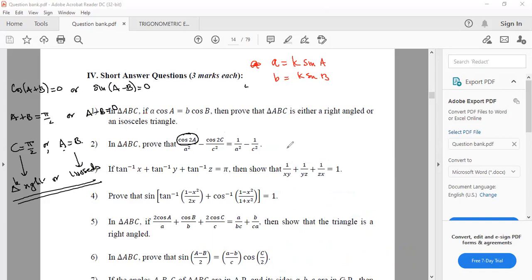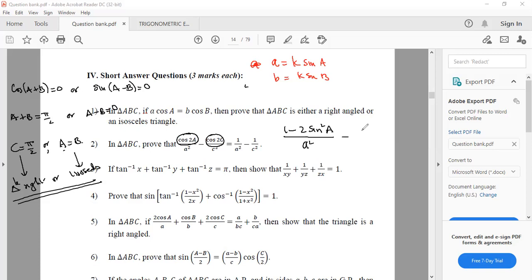Cos 2A, we don't have formula. Cos 2C, we don't have formula. So make them, what to do? Cross multiply. Open करना. Now make cos 2 theta का formula sin में लिखो. 1 minus 2 sin square A. अभी sin rule apply कर सकते हैं ना?